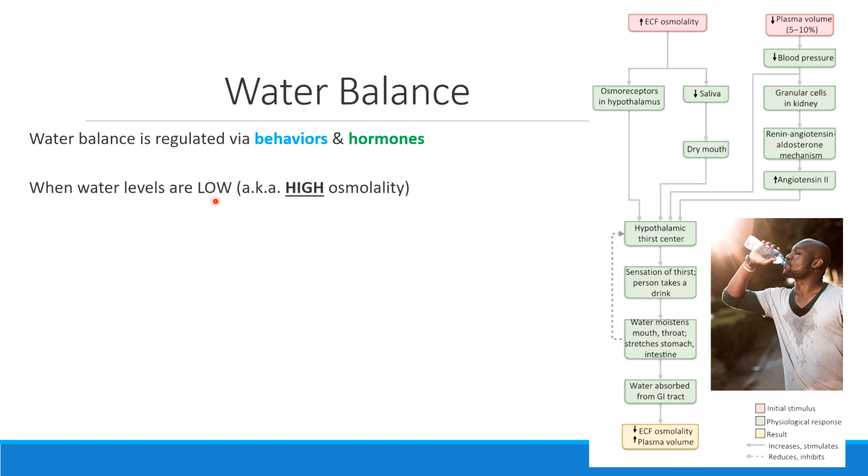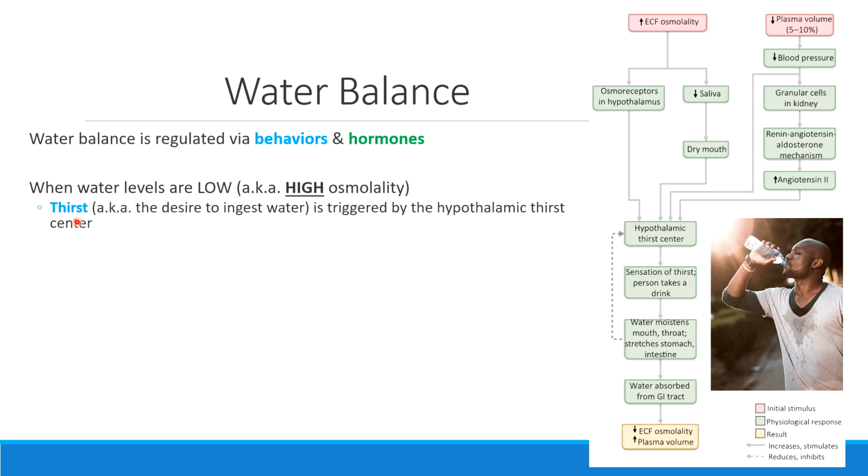The first could be that you don't have enough water in your body. Now, remember when we talk about having a low amount of water in the body, that means that we actually have a high osmolality. If I don't have as much of my solvent, I have a higher concentration of my solutes. So low water, or high osmolality, is going to trigger specific events in your body.